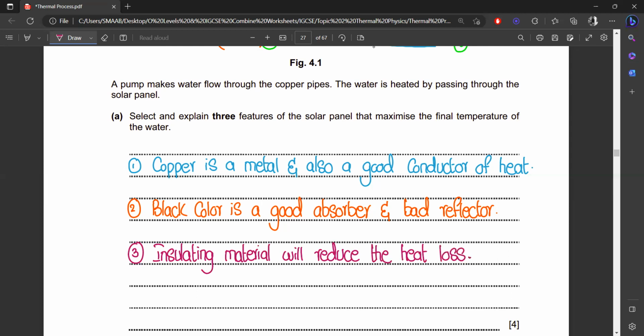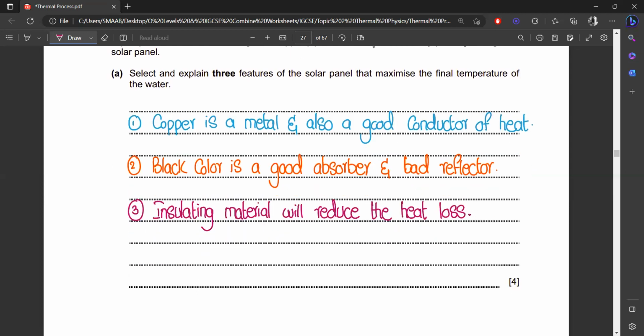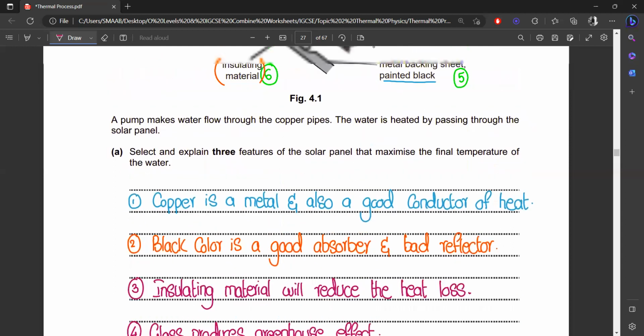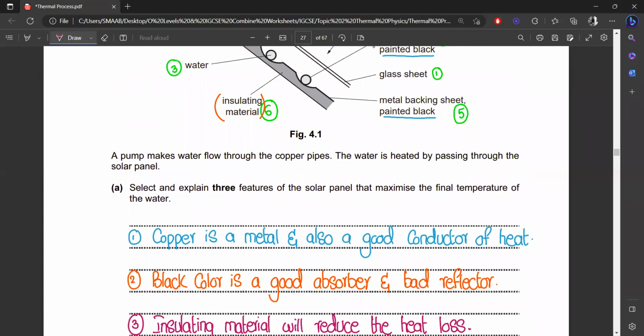Or further we can write that glass produces greenhouse effect. So you may also write greenhouse effect. So these are some features related to maximize the final temperature, right?